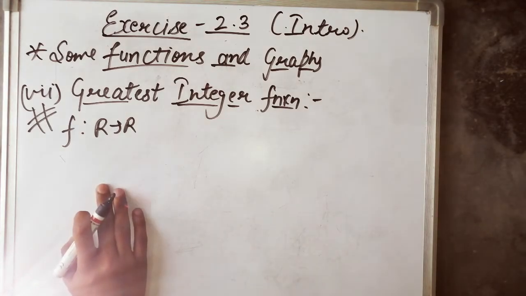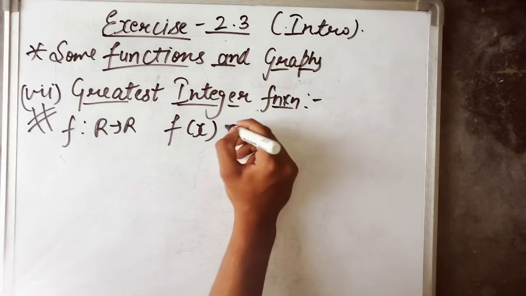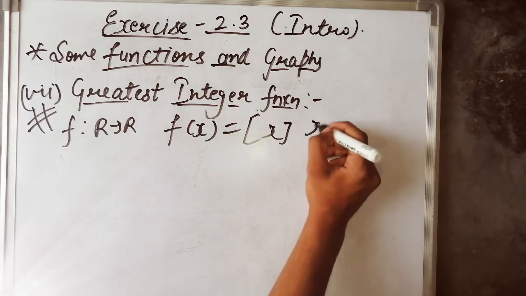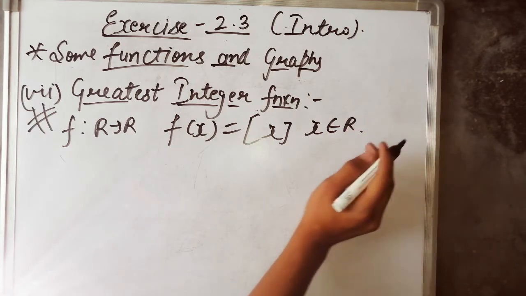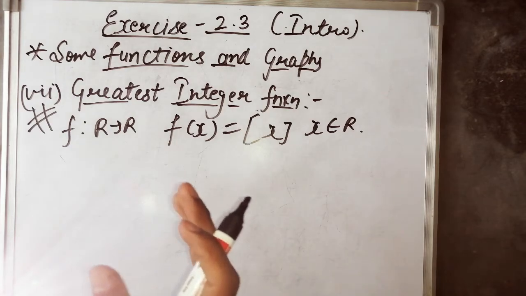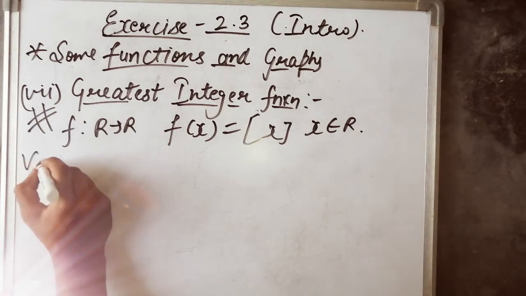Let's see what this means. In this function, f(x) equals the bracket x, which means that x belongs to the real numbers, and we assume that the value of the greatest integer function is less than or equal to x. This is the main point I'm writing here.